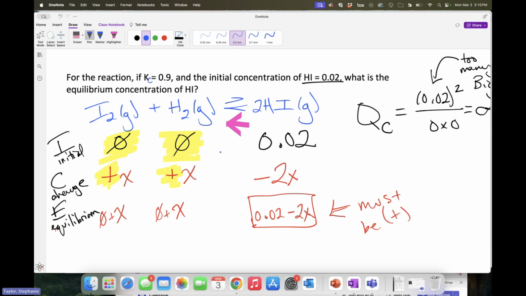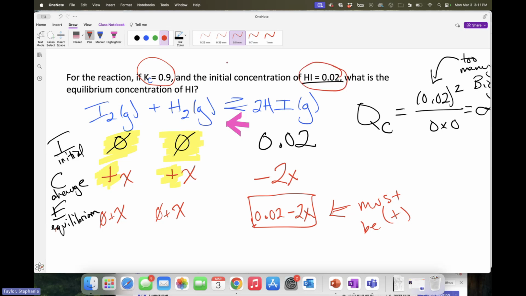So that gets us an ICE table. Now the next question is actually doing the solving. When I look at solving this particular problem, one thing I want to do is look at my value of K and my initial concentration.